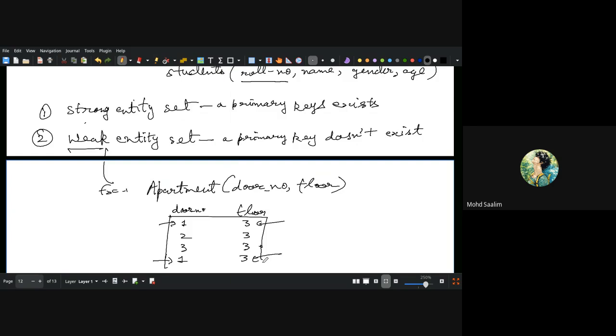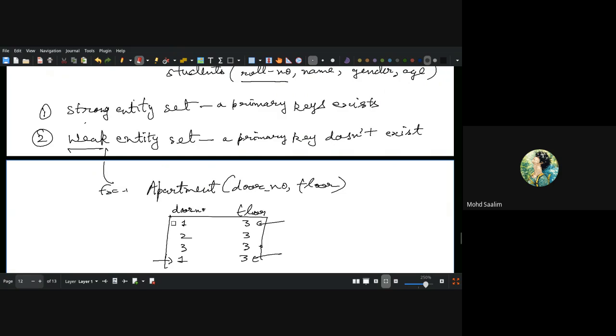You can say, okay, this room is different and this room is different. This is a management mistake, but because I have a brain, I can distinguish between them. They are two different rooms. But can our database management system distinguish between them just by seeing this data? Yes or no?